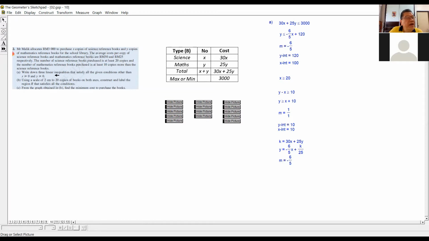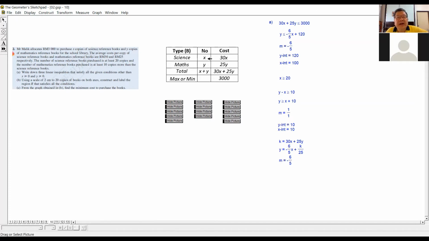Write down three linear inequalities that satisfy all the given conditions other than x greater than 0 and y greater than 0. Okay, so the number of science books, we call it X, because they say X copies of science reference book, Y copies of mathematics book.